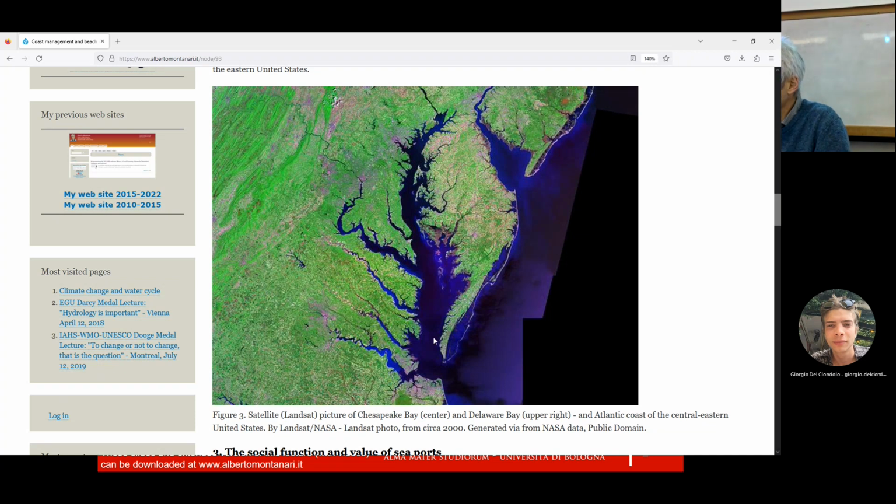You see clearly that there is the penetration of the sea into what was previously land, and the salt water is going up along the river valleys. The difference between emergent and submergent coasts is not only in their shape, but also in the ecosystems.